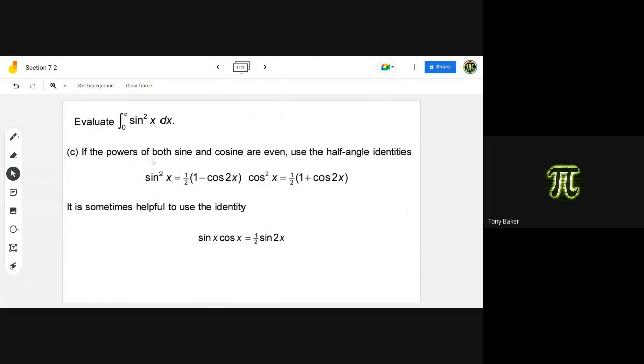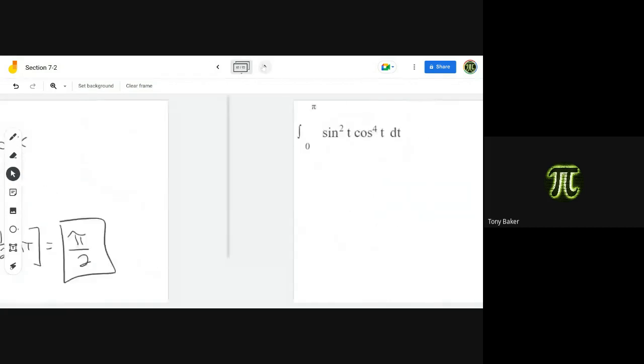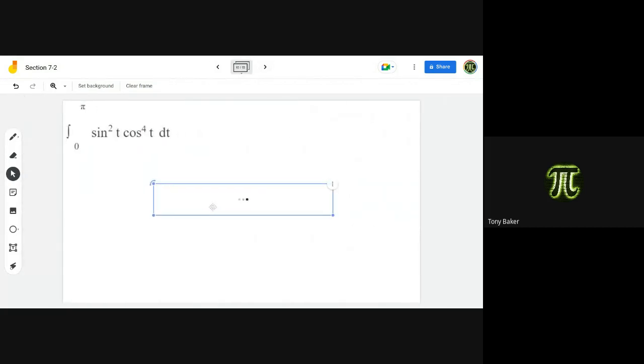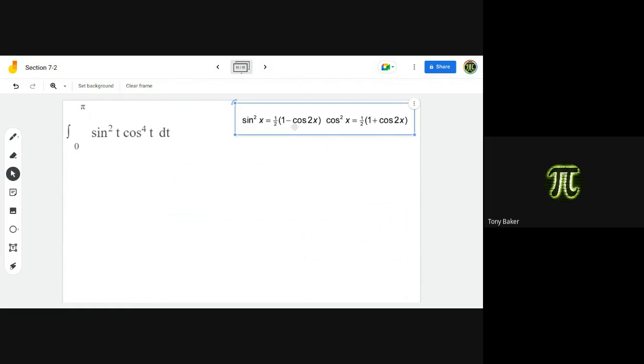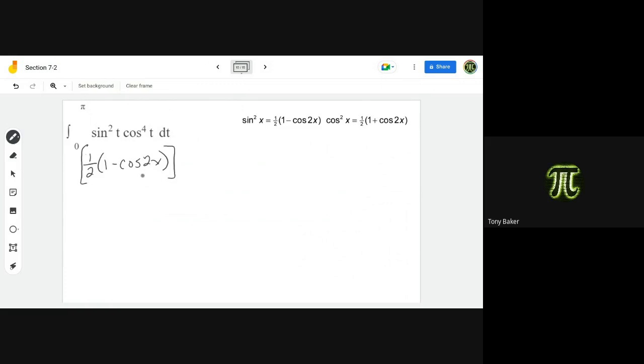So just this. All right, so I've got this. If I change my sine squared, that's going to be 1/2 times 1 minus cosine 2x. So that's that sine squared part.